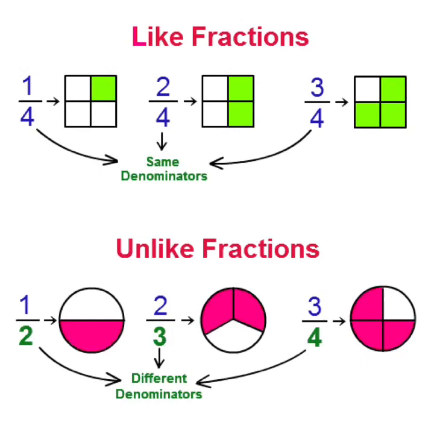Here the denominators are different. So these types of fractions are known as unlike fractions. 1 by 2, 2 by 3 and 3 by 4 are unlike fractions because their denominators are different. Their denominators are not the same.